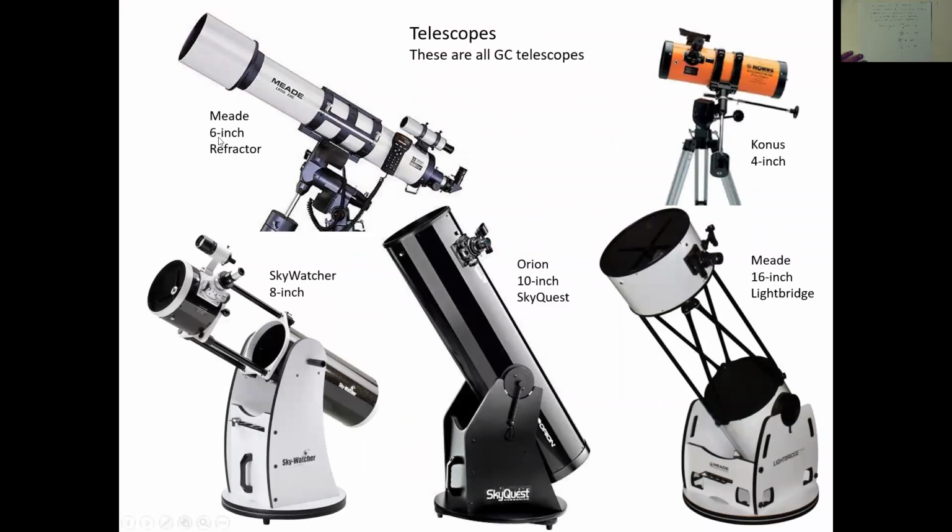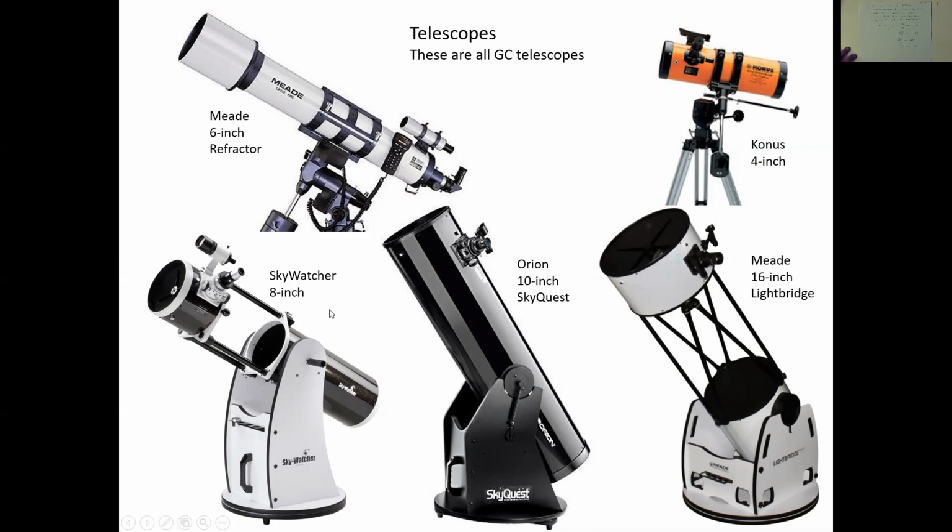Each of these is listed by its diameter. So the refractor we have has a 6-inch diameter lens in it. The Skywatcher, that's a Newtonian reflector, has an 8-inch mirror down in the bottom. We've got a 10-inch mirror in this one, all the way up to a 16-inch diameter mirror in the bottom of this one. And those are the numbers that matter.